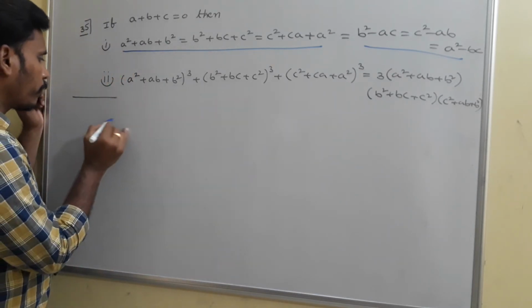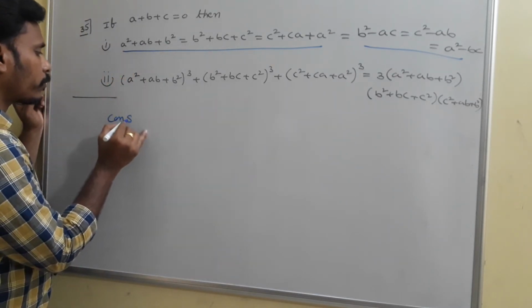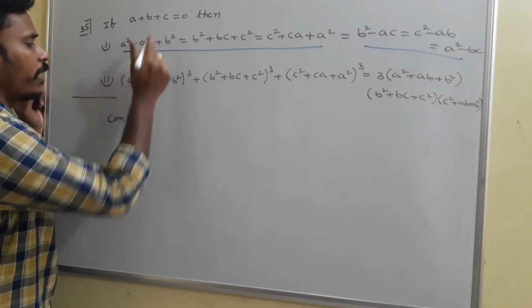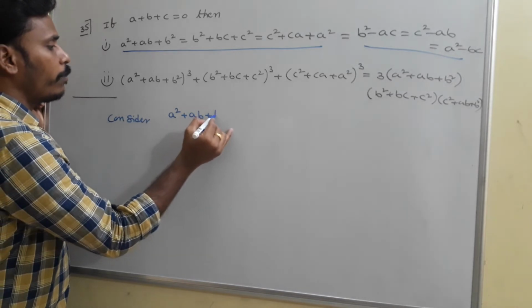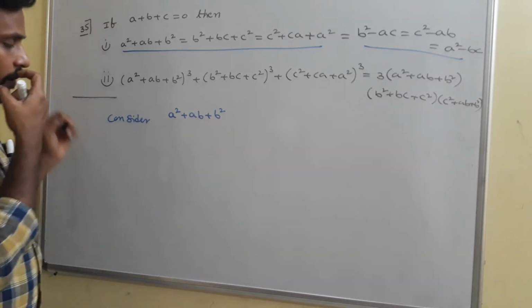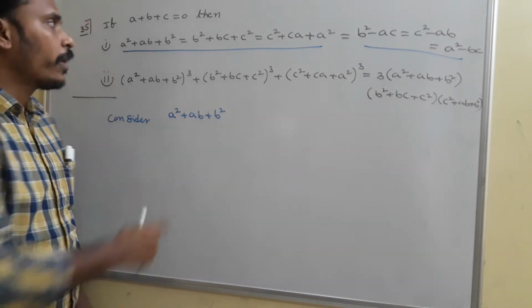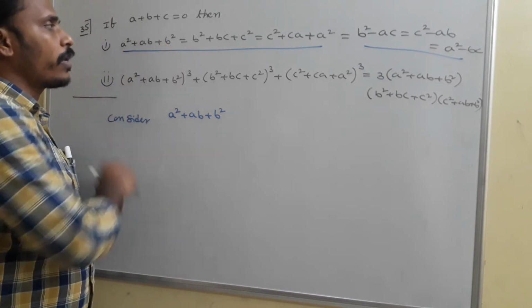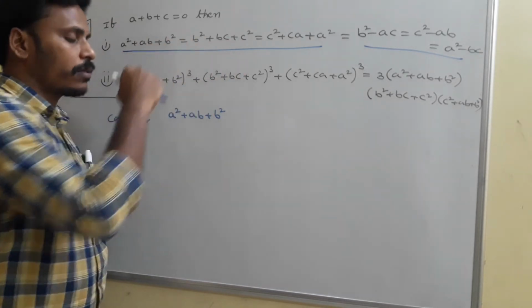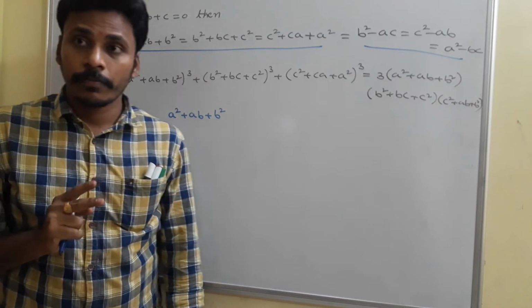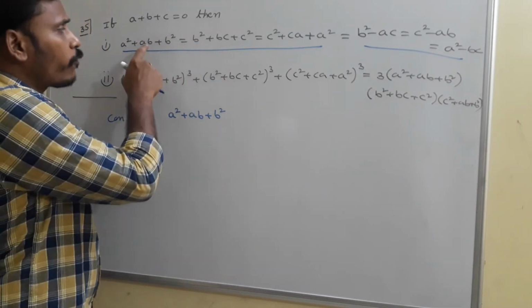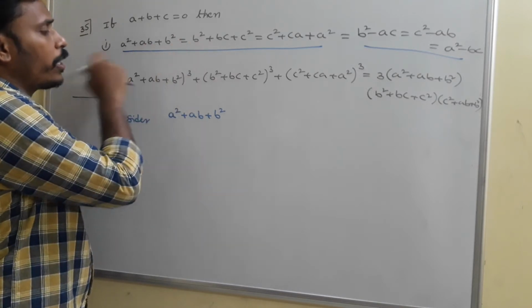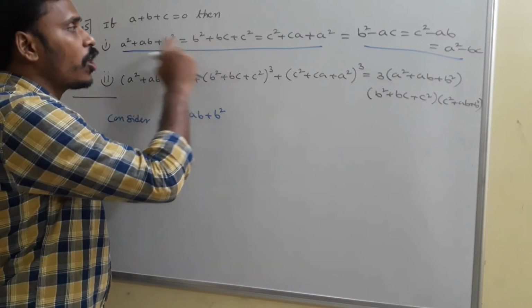So for that, you need to consider any one of the parts like a square plus ab plus b square. Now I am trying to show that a square plus ab plus b square is equal to b square plus bc plus c square. That's my plan first. If you look at these two, here a, b are involved and here b, c are involved.